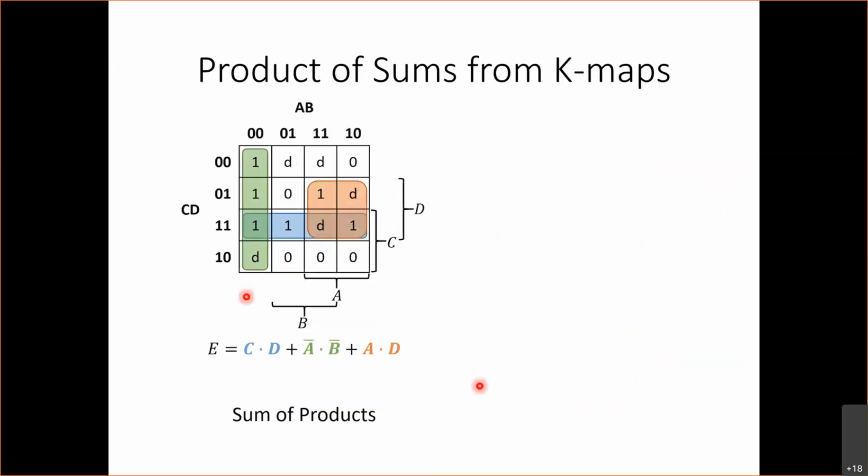Let's do another example. This was our original example, which had the don't cares in it. So let's do another example with a 4-variable Karnaugh map. So first thing we're going to do is invert the Karnaugh map. So the ones are going to become zeros, and the zeros are going to become ones. What about the D's? What happens to the D's when we invert the Karnaugh map?